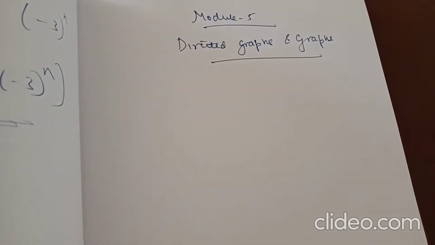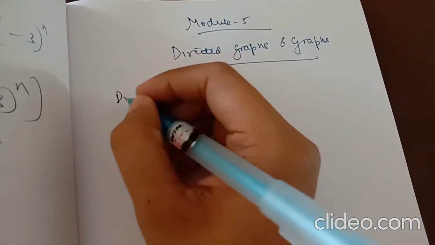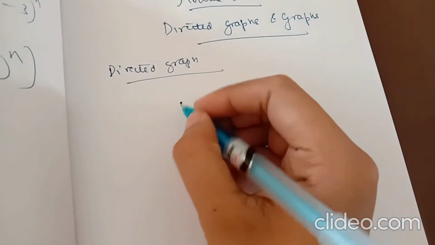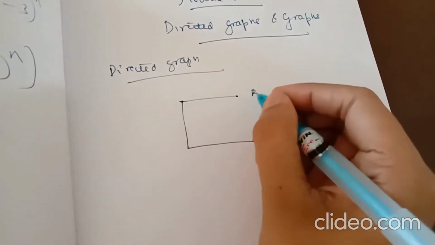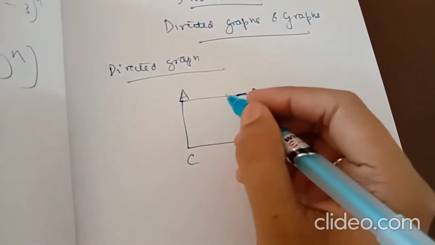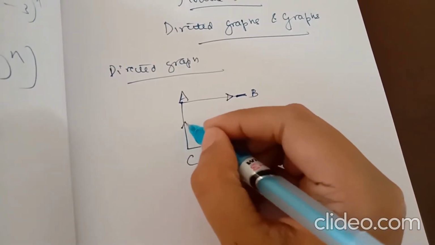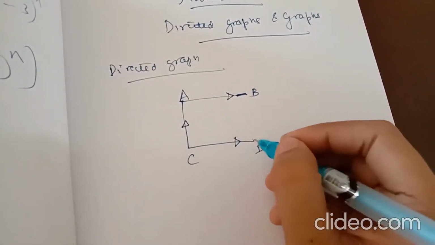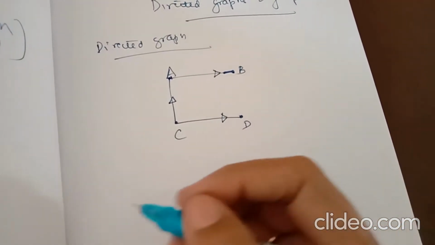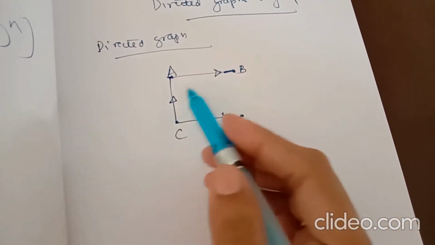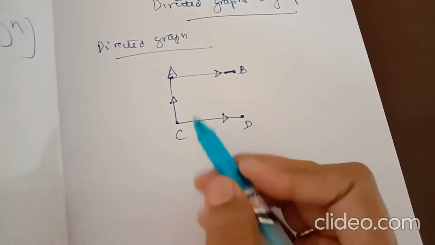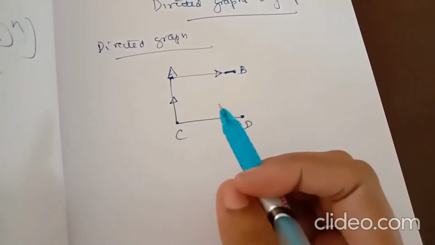First of all, let's define what a directed graph is. Let's consider this picture. We have 4 vertices, and there are edges from A to B, C to A and C to D. Now, this diagram consists of 4 vertices A, B, C, D, and there are 3 edges AB, CD and CA with the directions attached.